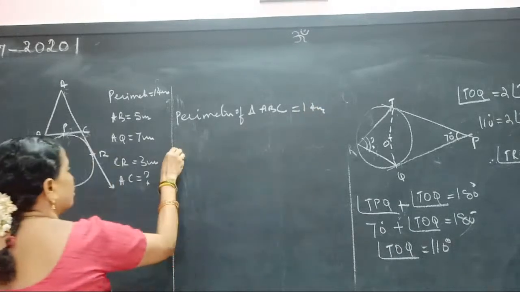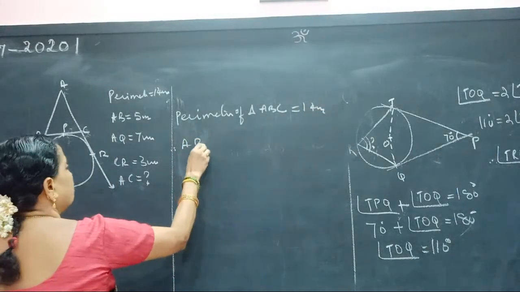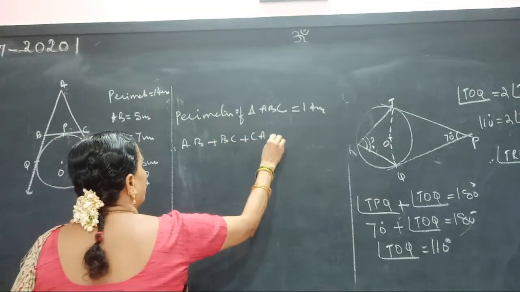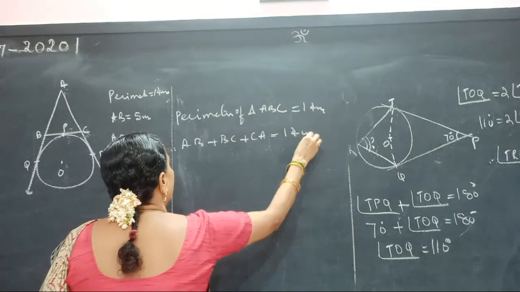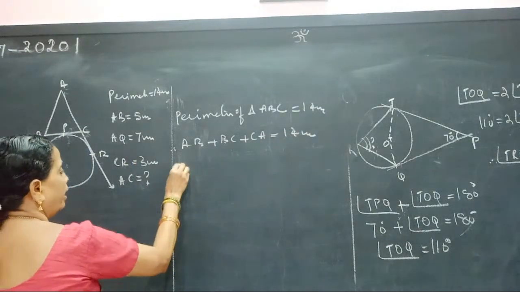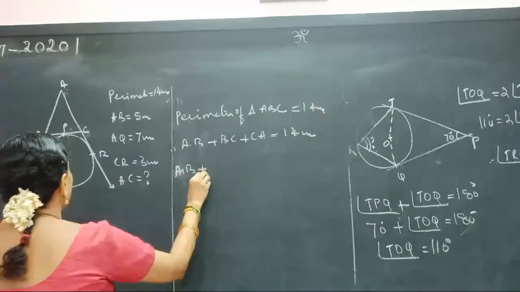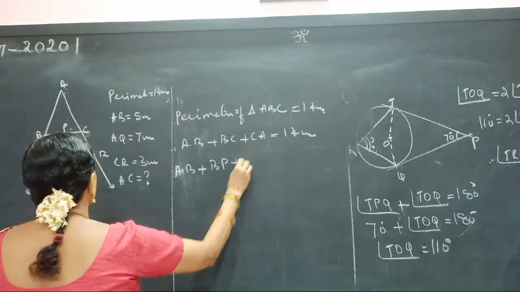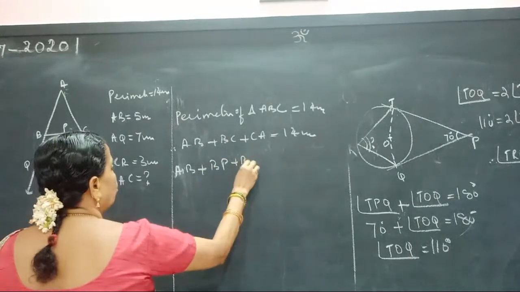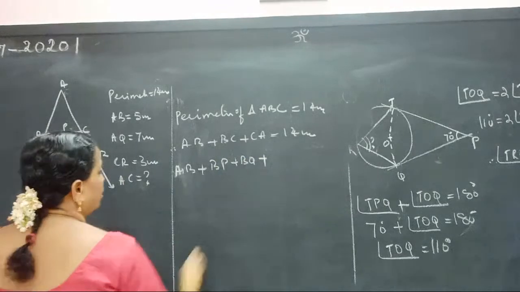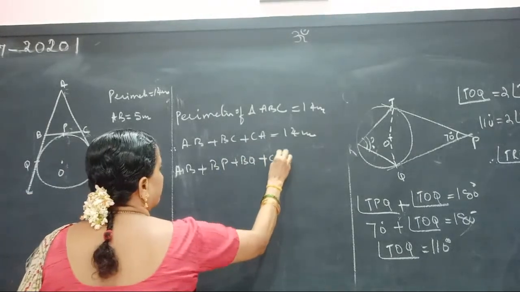That is AB plus BC plus CA equals 14 centimeter. AB is given, and write first segment. BC can be taken as BP plus BQ, and CA, because they are asking CA only, you write.